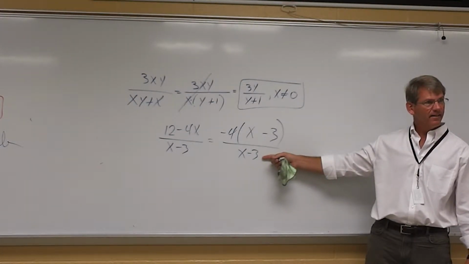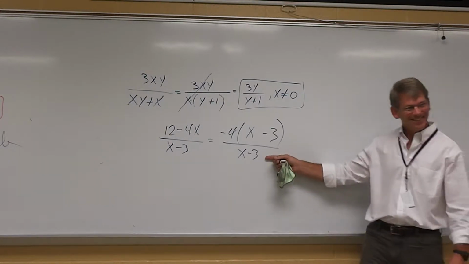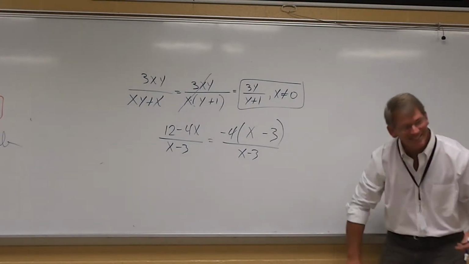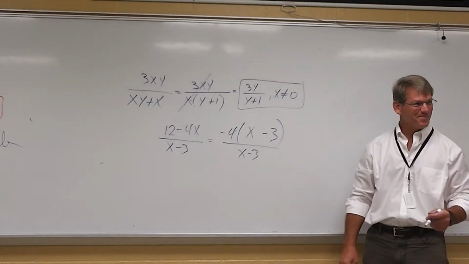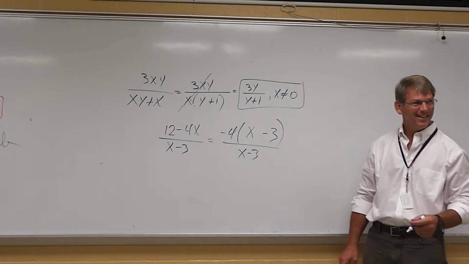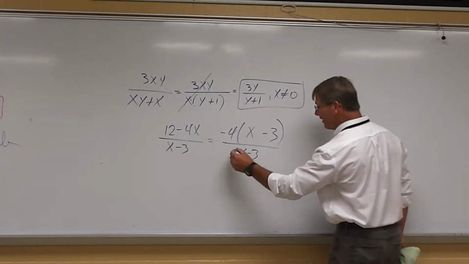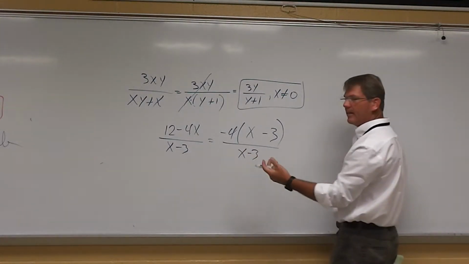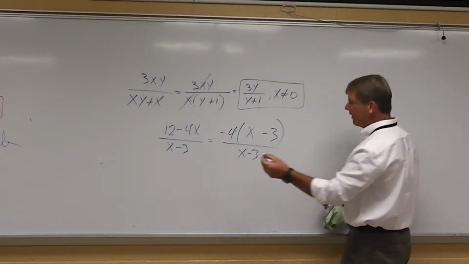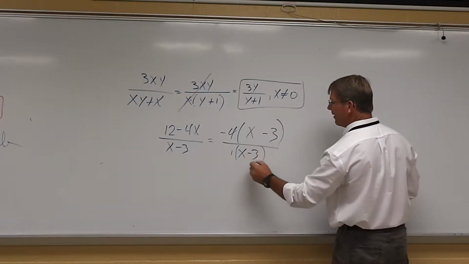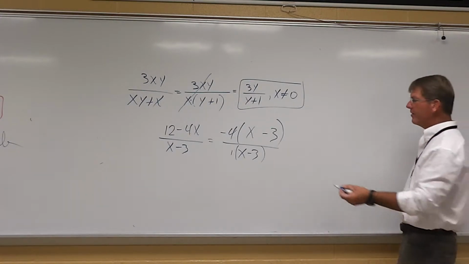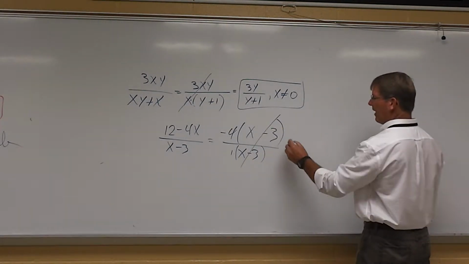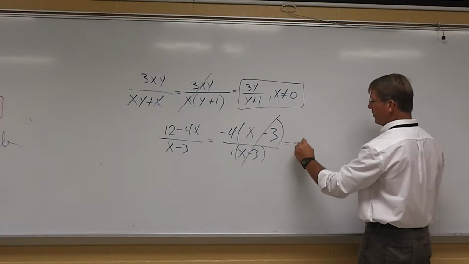It's one. Yeah, it's just one times that stuff, right? So we need to kind of understand that that's just one, but if we need to write it, sure. One times that. And now I can divide like factors, boom, and I just got negative 4 over 1 or negative 4.